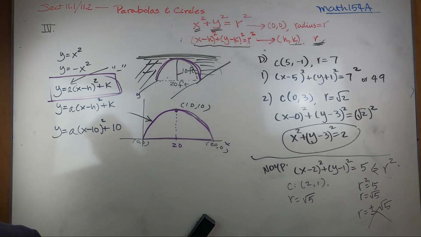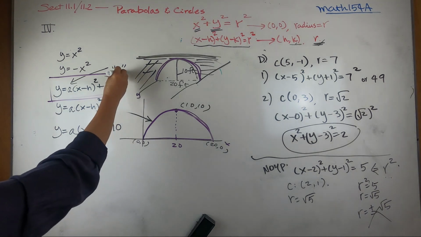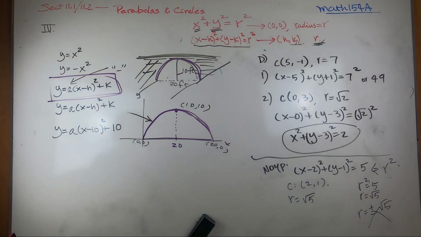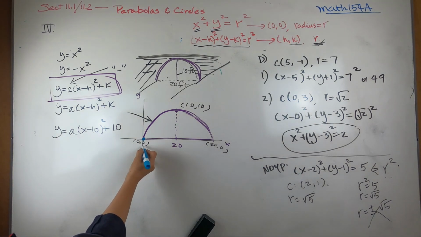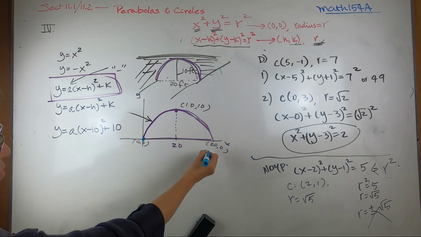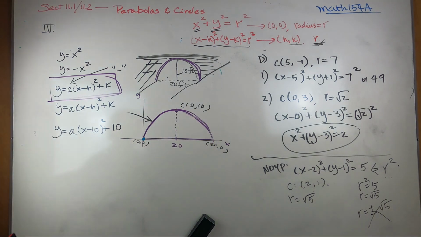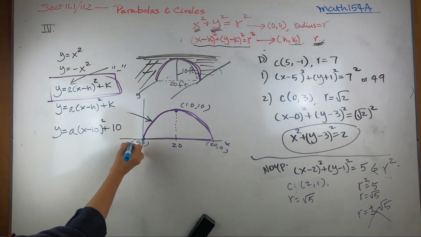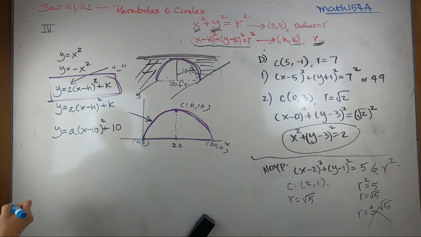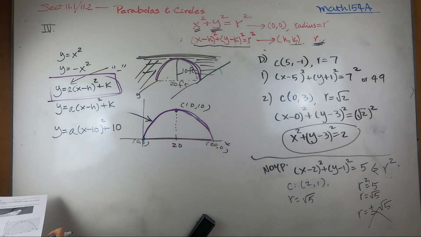So how can we find out what a is? We only know a is a negative number. So what can we do? Take a look. (0, 0) should be on the curve. (20, 0) is on the curve as well. So you plug in (0, 0), the (0, 0) point should belong to this equation, right?